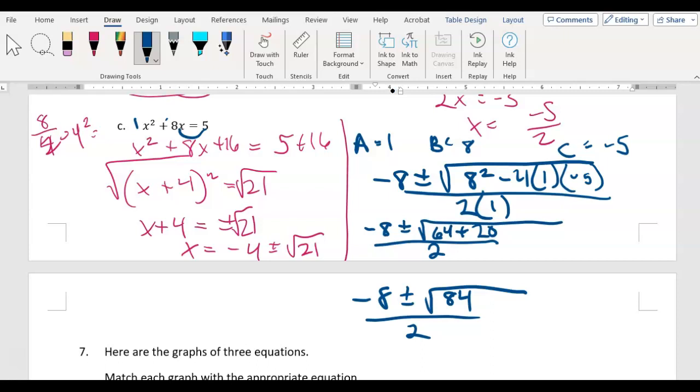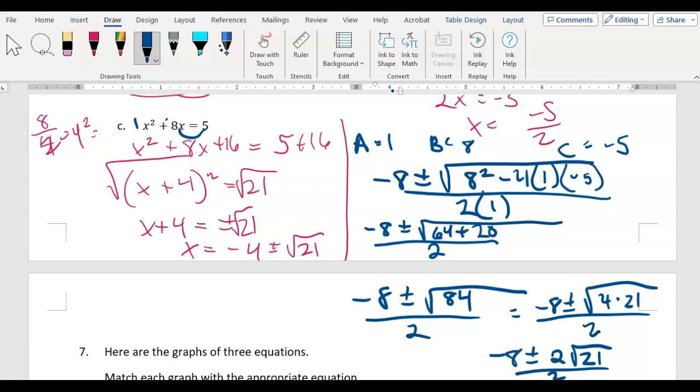So 84 divided by 4 gives us 21. So this is the same as negative 8 plus or minus the square root of 4 times 21, divided by 2. So we can break this up as negative 8 plus or minus the square root of 4, which is 2, times the square root of 21, over 2.